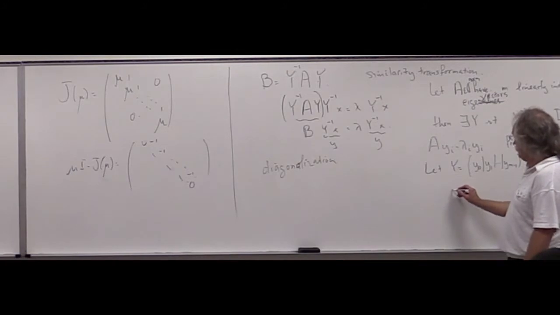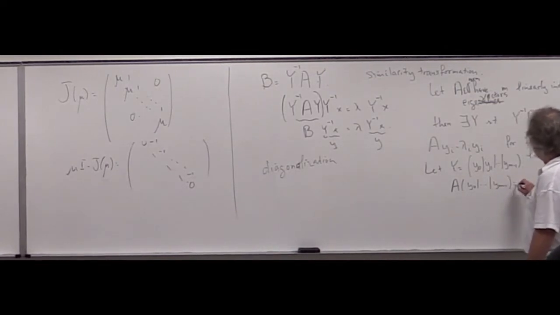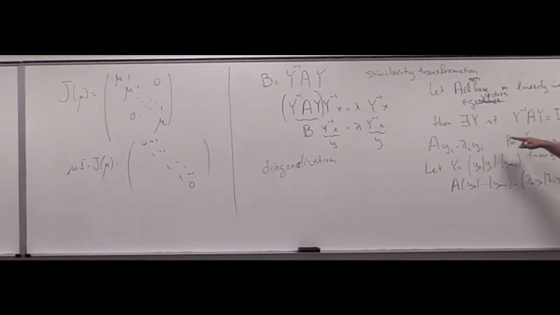We also know that A times Y is equal to the matrix with columns lambda 0 y0, lambda 1 y1, through lambda n minus 1 yn minus 1. Why is that? Because A times this is the same as A times the individual columns. But from this assumption, we can replace each of the individual columns by that.